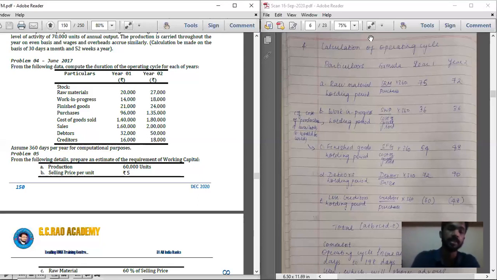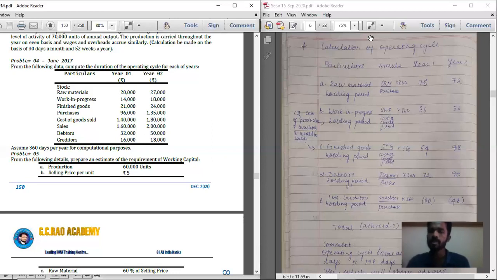The final stage is converting debtors into cash, that is collection of money, the average receivables. So these are the four phases: cash into raw material, raw material into finished goods, finished goods into debtors, and debtors into cash. That is the operating cycle, and how many days it takes to rotate these funds.